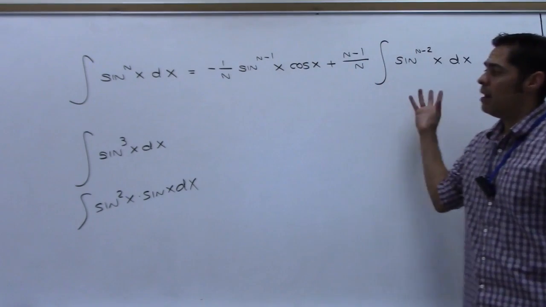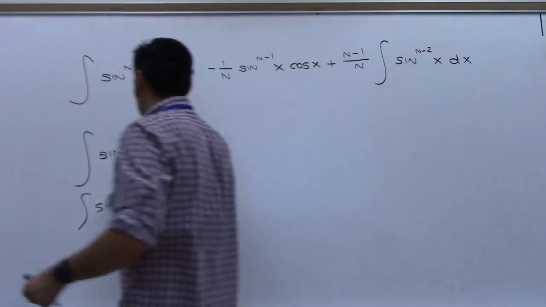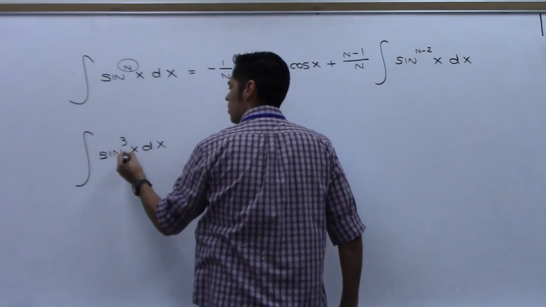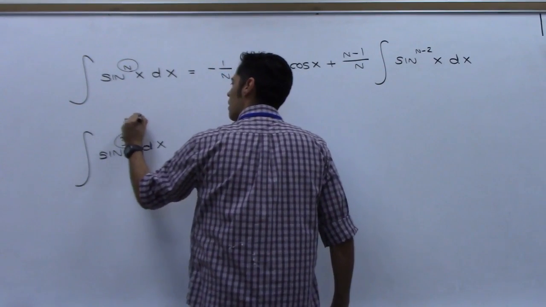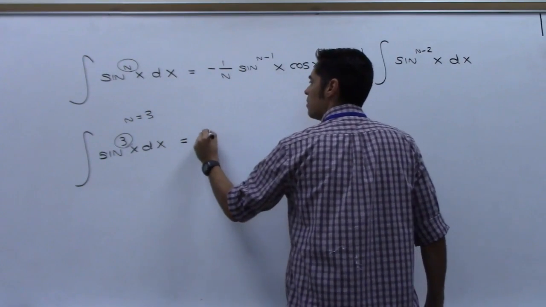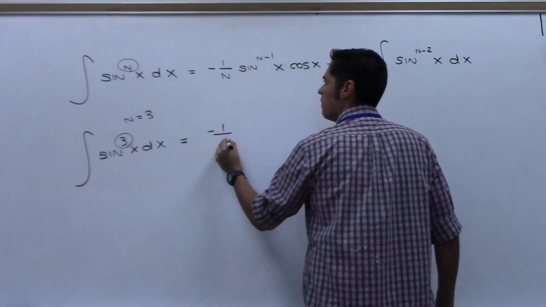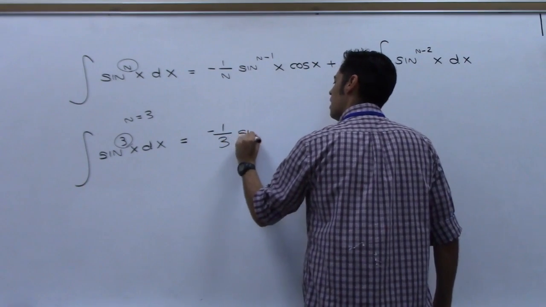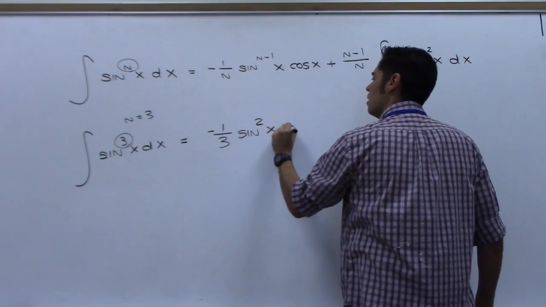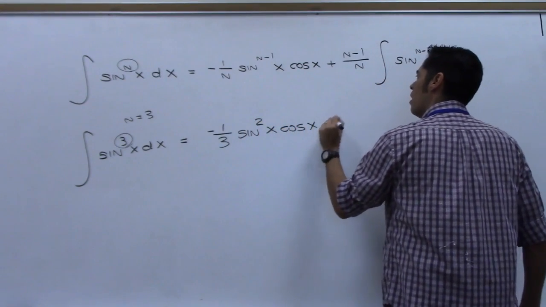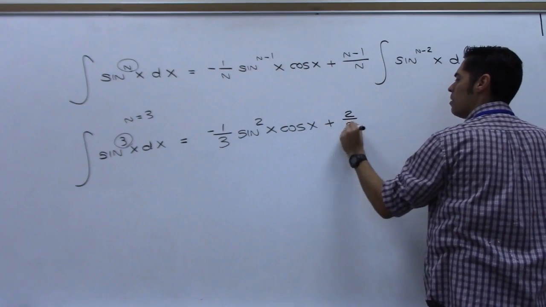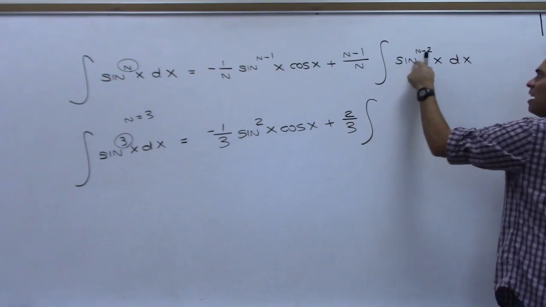According to this formula, we don't have to do any of that. All we have to do is identify what n is, which for us would be what? 3, and then plug into this formula. So it'll be, for us, negative 1 over 3 sine raised to the n minus 1, so sine squared x cosine x plus n minus 1, 2 over n, which is 3, integral of sine to the n minus 2.